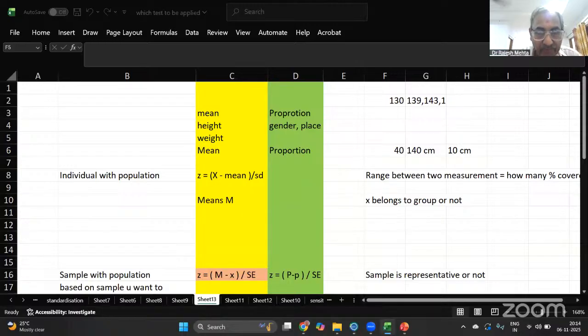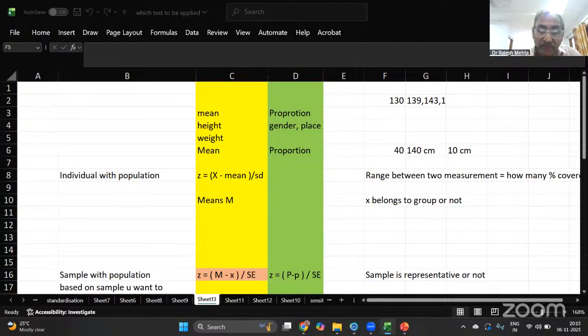So 34% of children will lie between the range 130 to 140. But instead of this one, suppose it comes 0.7, 0.5, so what do you do? So for that, you need to learn Z table. In this case, 34% of 40 will be somewhere around 16 or so, 15 or so.